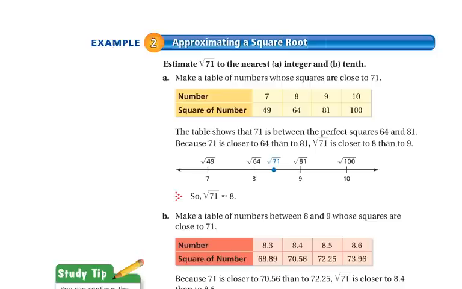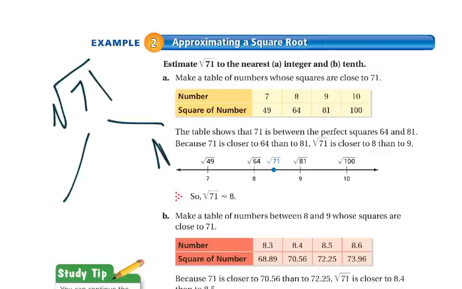So the other piece of today's lesson is approximating a square root. When you approximate a square root, you're going to look at your square root and try to find the perfect squares that fall between them. This is why memorizing those perfect squares is really important. For example, and this is what I would like you to do, if I have the square root of 71, you need to find the two perfect squares that 71 falls between.